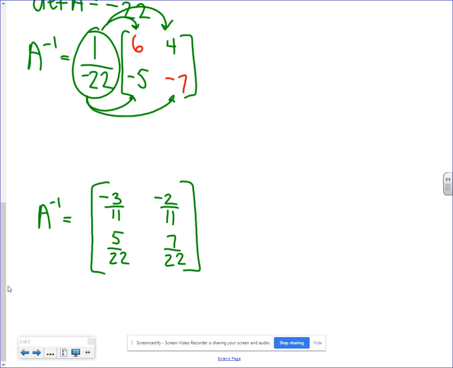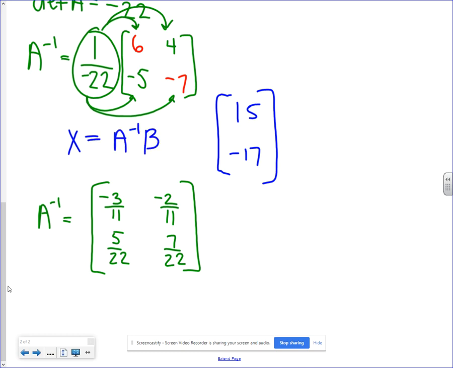Now, what do I do with the inverse? Well, I multiply that by my constant matrix that we called B. So my constant matrix, remember, was 15 and negative 17. I'm going to multiply these two matrices together to get what x is. Find out what x and y is. It's the inverse of A times B. Just draw our dividing lines in.